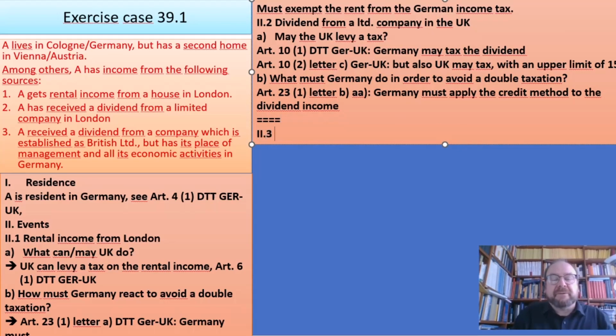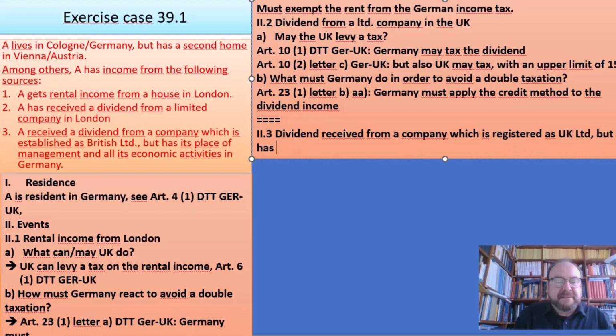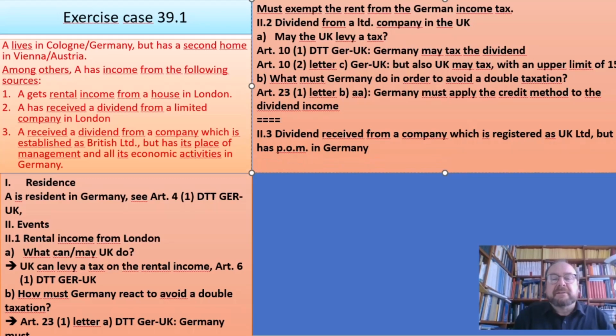And now we come to 2.3, the dividend received from a company which is registered as UK Limited but has place of management and all activities in Germany. So, may the UK levy the tax?